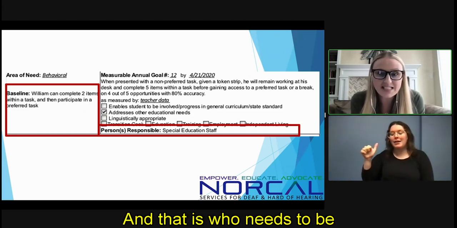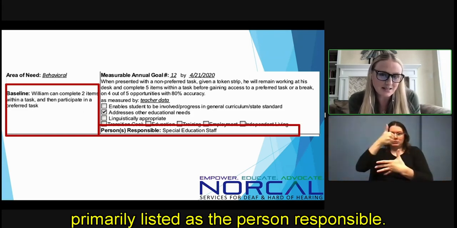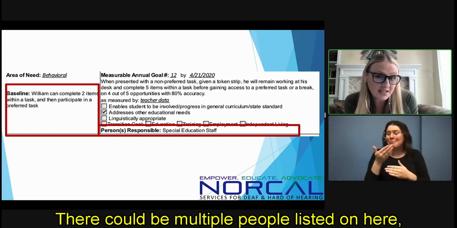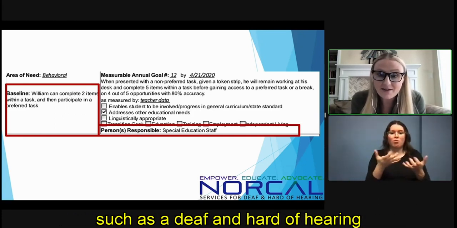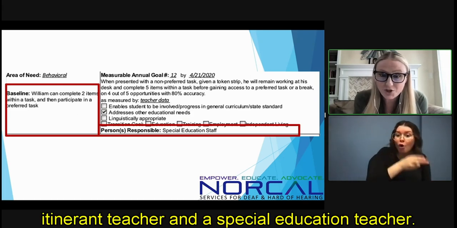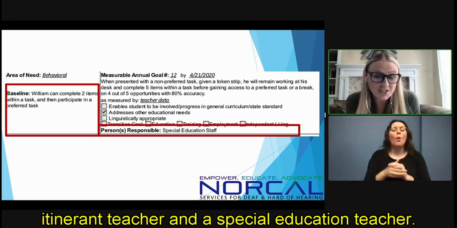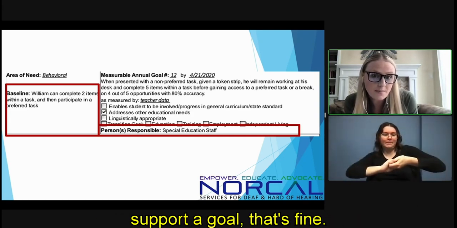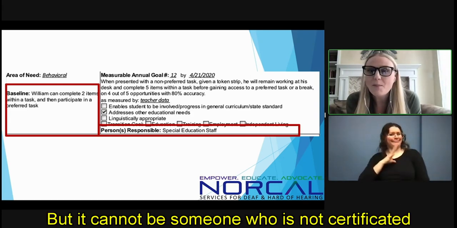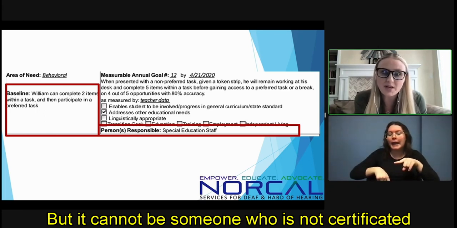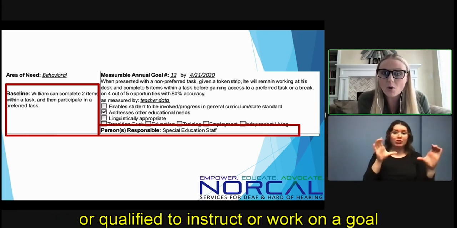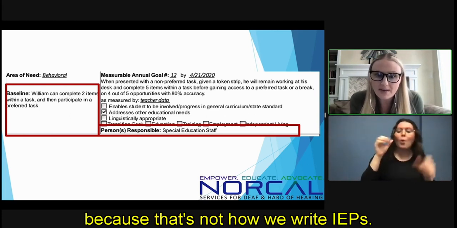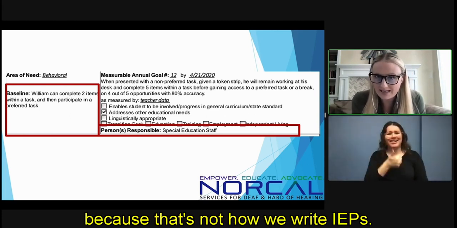And that is who needs to be primarily listed as the person responsible. There could be multiple people listed on here, such as a deaf and hard of hearing itinerant teacher and a special education teacher if they're working in collaboration to support a goal. That's fine, but it cannot be someone who is not certificated or qualified to instruct or work on a goal, because that's not how we write IEPs.